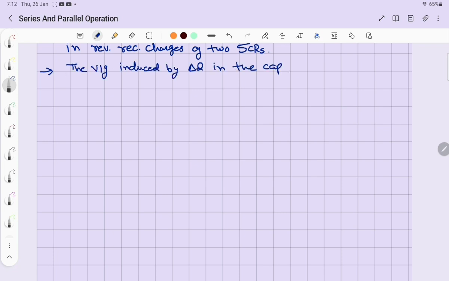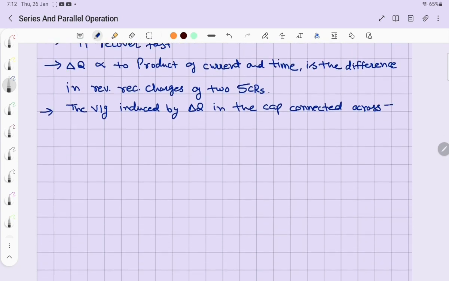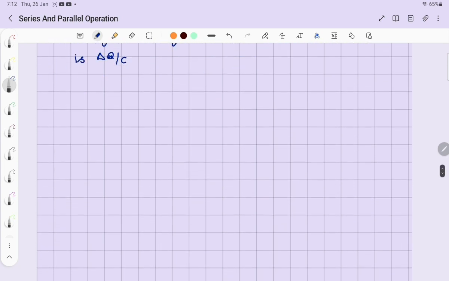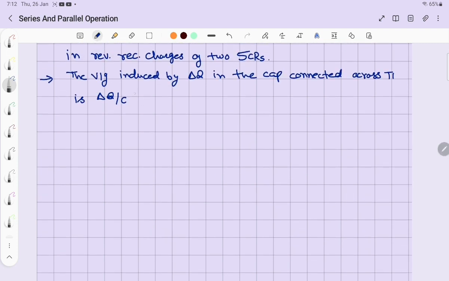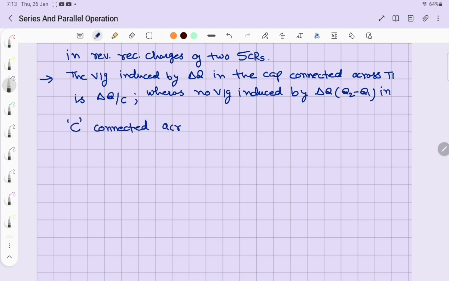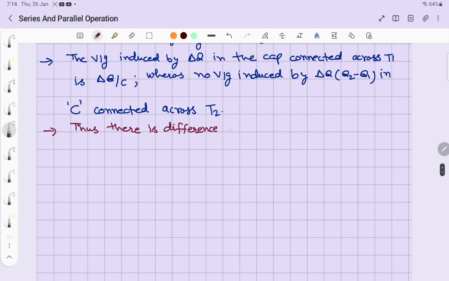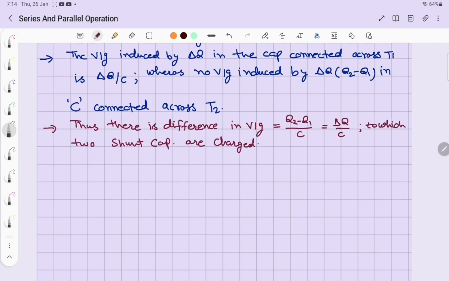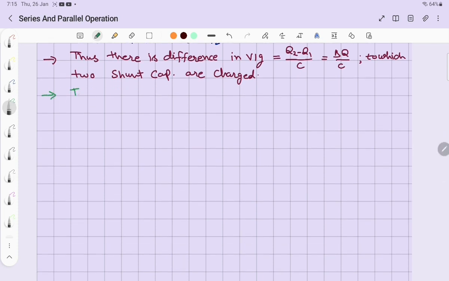The voltage induced by delta Q in the capacitor connected across thyristor T1 would be delta Q by C. Delta Q is Q2 minus Q1 in the C connected across thyristor T2, because during that time T2 was conducting, right? So there is a voltage difference of delta Q by C, to which the two shunt capacitors are charged. I hope you remember all this.